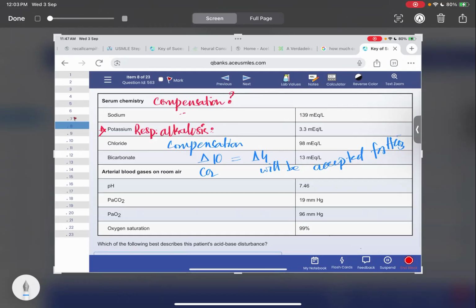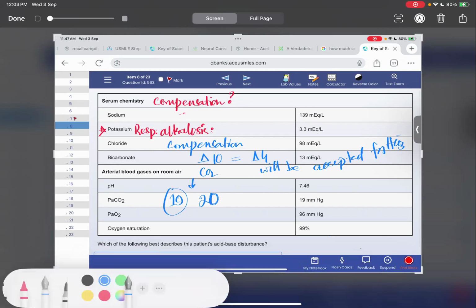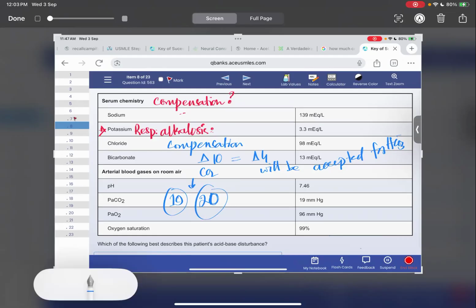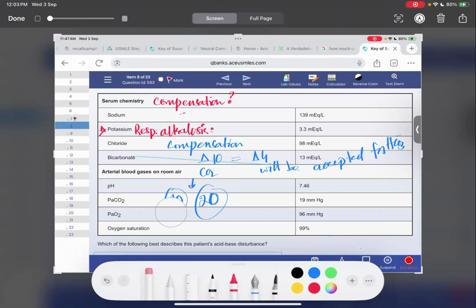Now we have carbon dioxide of 19. The difference between normal carbon dioxide and 19 is 21; we take it simply as 20 for easier math. So carbon dioxide decreased from 40 to 20, a difference of 20. You got this?